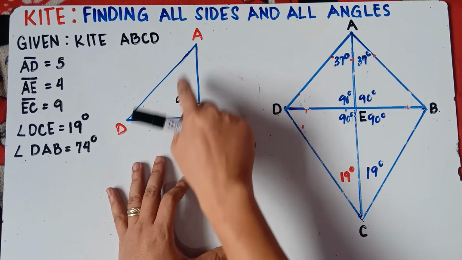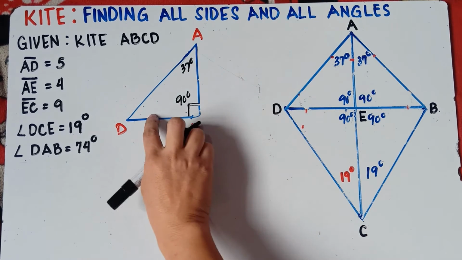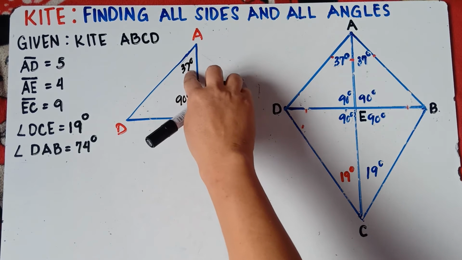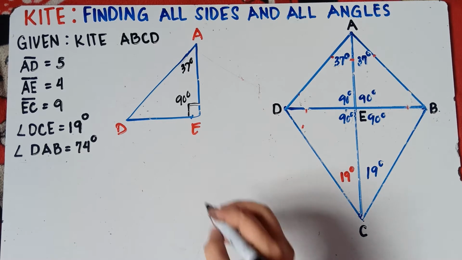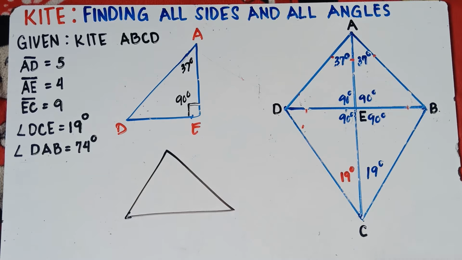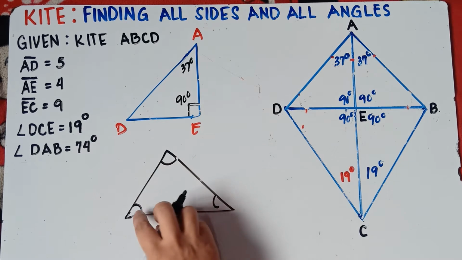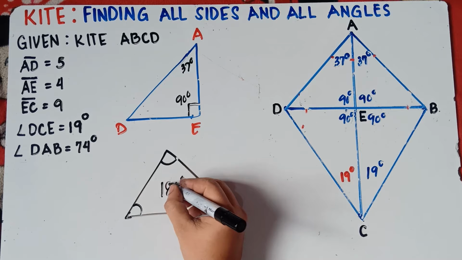So we have 90 and then we have 37 here for angle A. Therefore, to find this angle, we just need to add 90 and 37 and subtract it from 180. Question, why is that, sir? Because any kind of triangle, class, equilateral, isosceles, right triangle, scalene triangle, acute triangle, any kind of triangle, the sum of interior angles, if you add these interior angles, class, it should be 180 degrees.